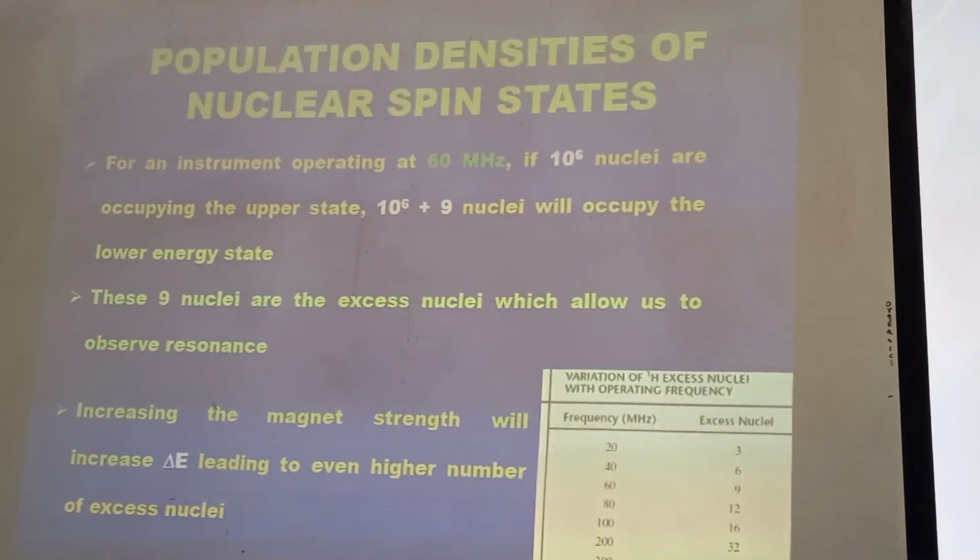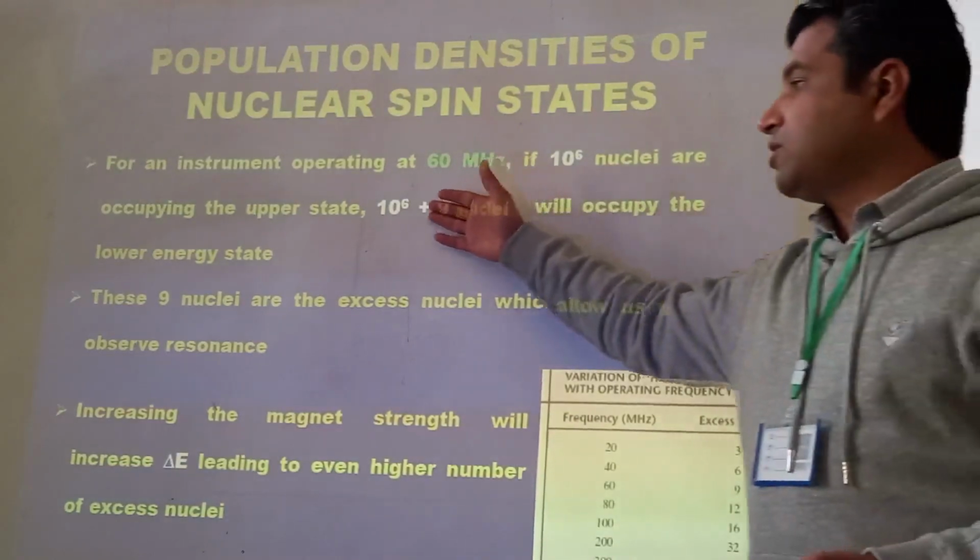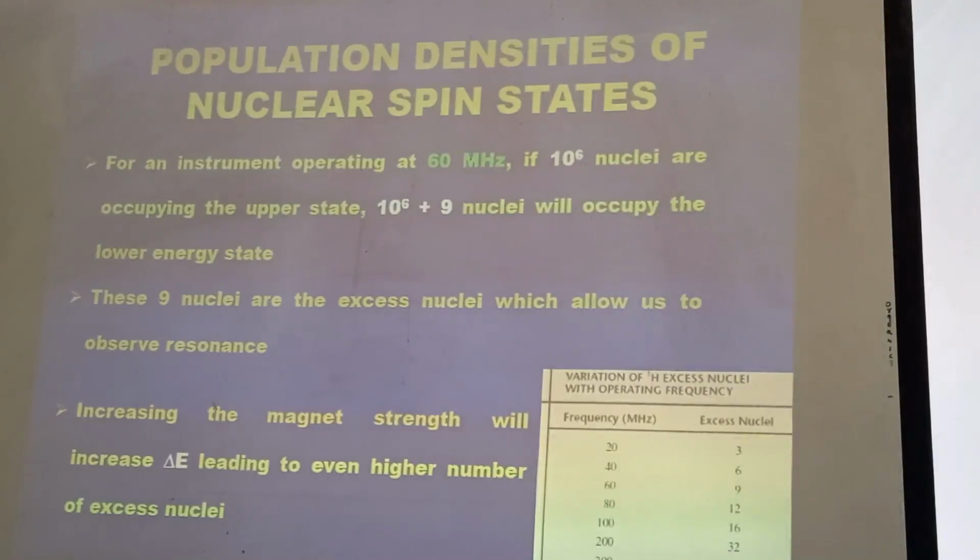So at this frequency, if you have 1 million nuclei that are present in the beta state, in the higher energy state, 1 million plus 9 nuclei will be present in the alpha state. And it's a very small excess. This excess is negligible, but still these 9 nuclei are important for the signal intensity.